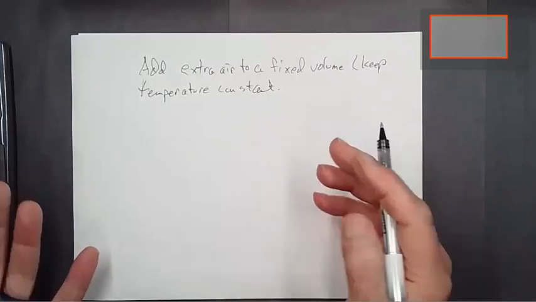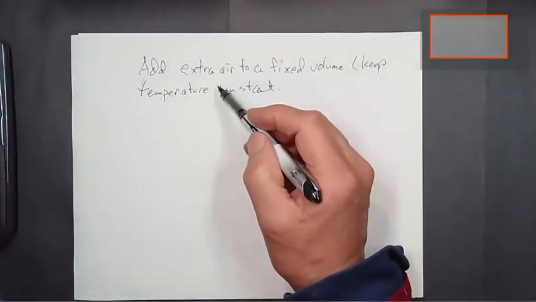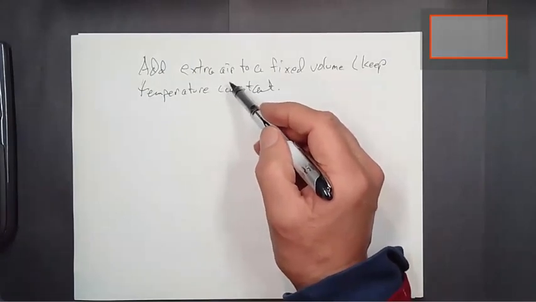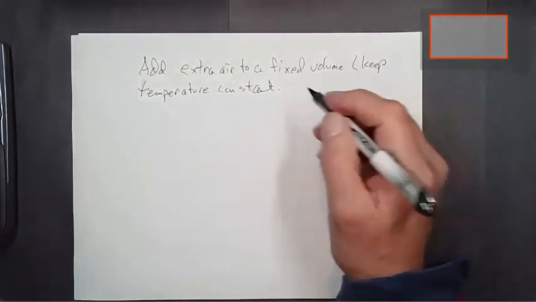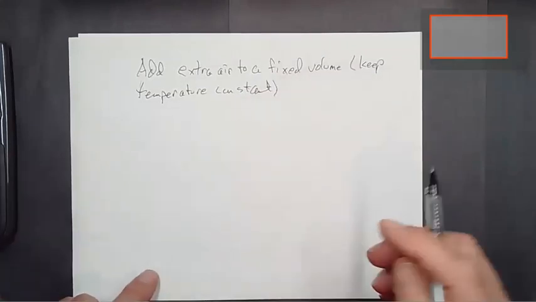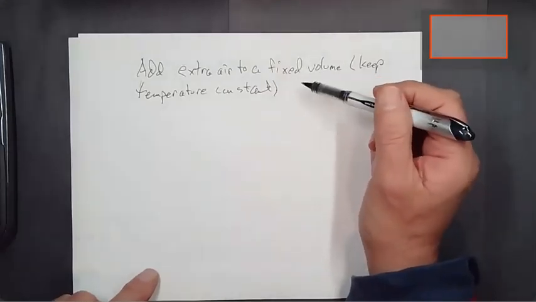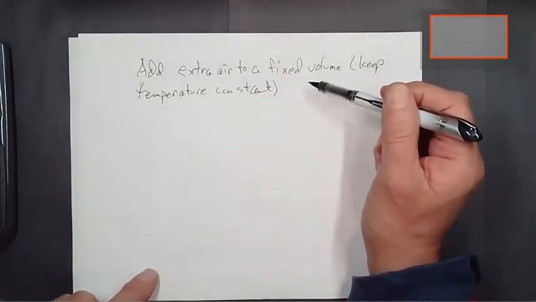We're adding extra air. What happens when you're adding extra air? You're increasing the number of particles in there is what you're doing. And what happens? The air pressure inside that thing goes up. When might that happen? Well, have you ever had a tire that's low on air? You put extra air into it.